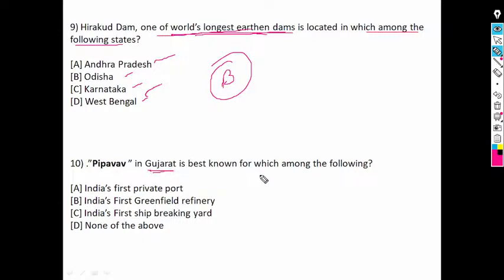Pipavav in Gujarat is best known for which among the following? India's first private port, India's first greenfield energy, India's first ship breaking yard, none of the above.